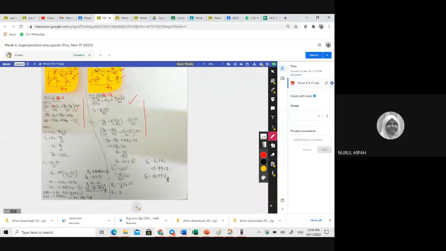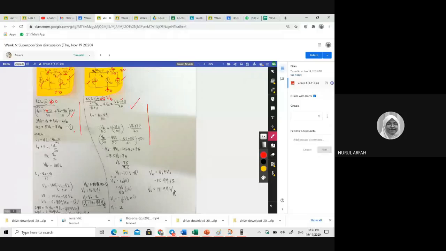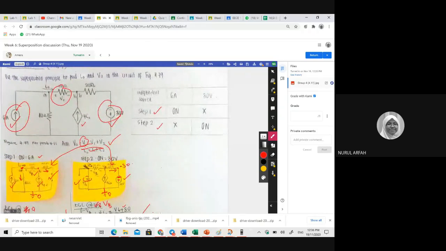And then we will check with group number 3. Do you have the same answer or not? According to our group number 4 here, the answer is V naught, which is 18. But where is the I naught? I naught is here.